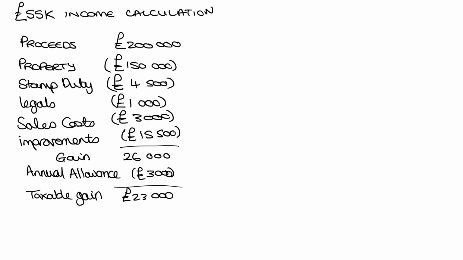So that means that they are going to automatically be in the higher rates of tax for capital gains, which means our 23,000 is going to be times by 24%, which is our current tax rate, to give us a tax chargeable, a tax to pay of 5,520.